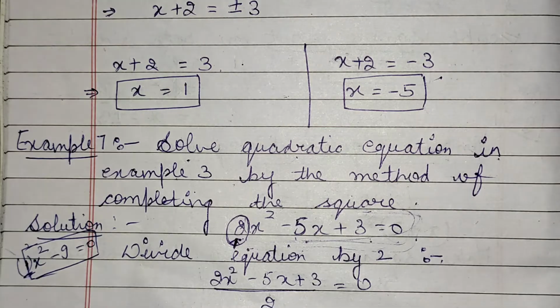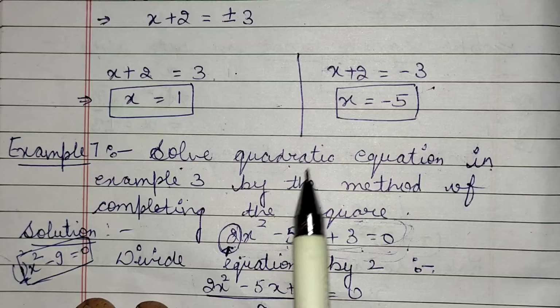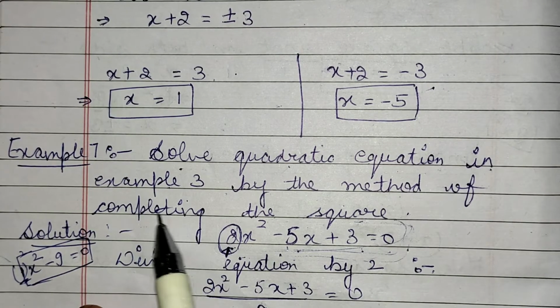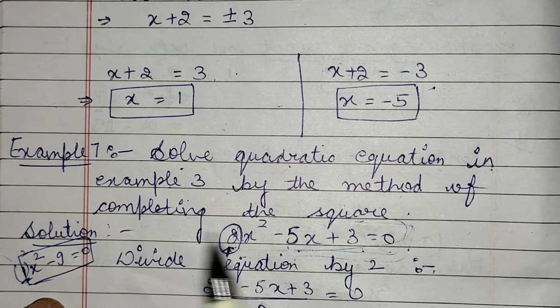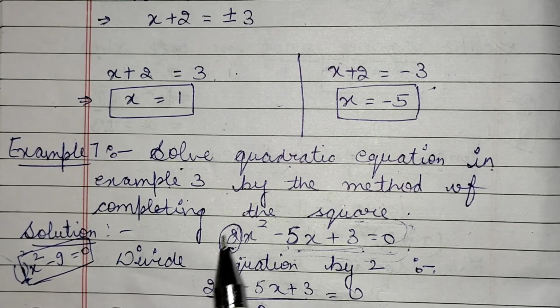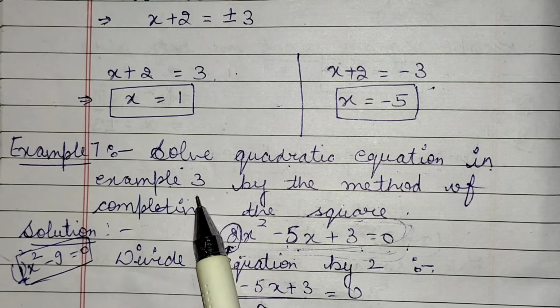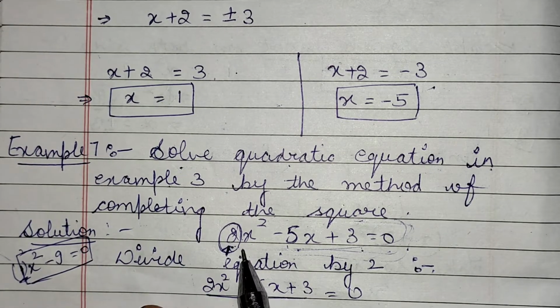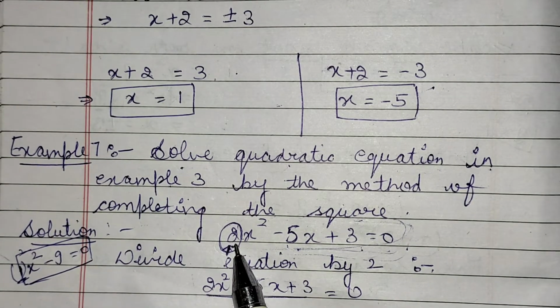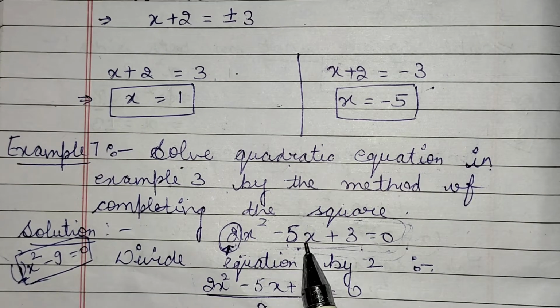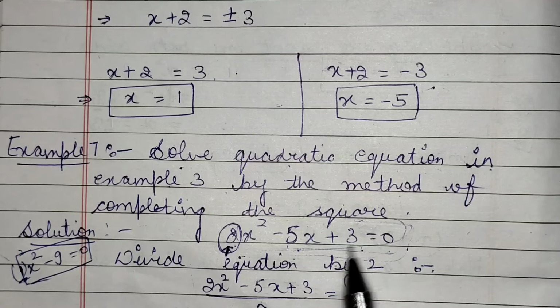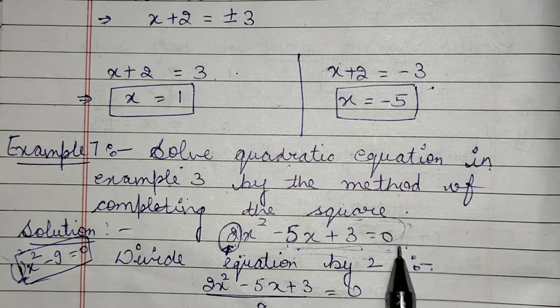Let's start solving the examples. Example number 7 says: solve the quadratic equation in example number 3 by the method of completing the square. So in example number 3, what quadratic equation is given? We have derived the quadratic equation 2x square minus 5x plus 3 is equal to 0.